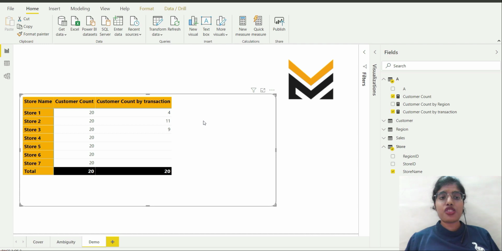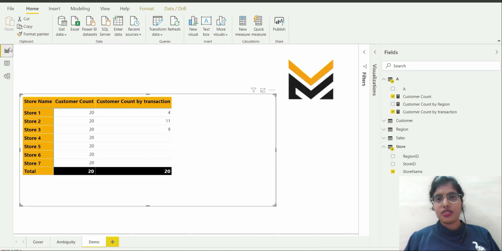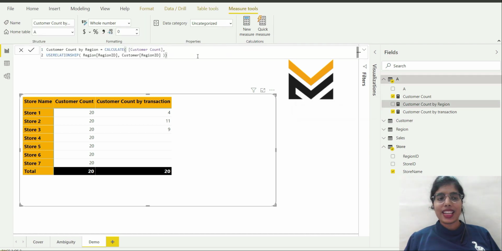Now suppose I wanted this customer count by region also, even if both of them become inactive, then what happens? In that case, I have obtained a second measure over here, customer count.